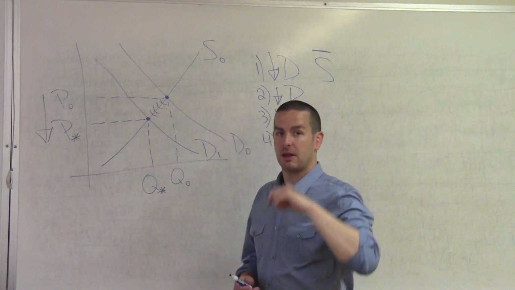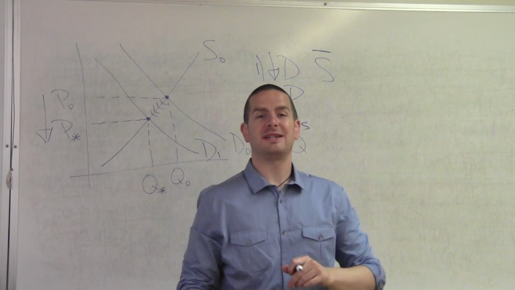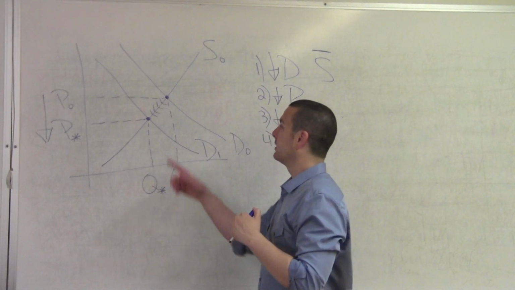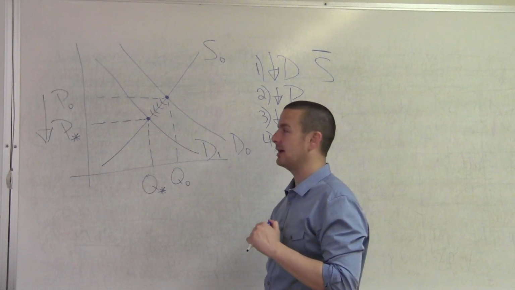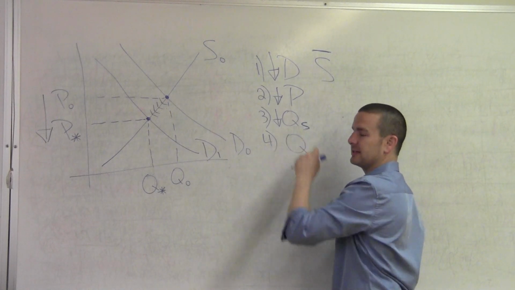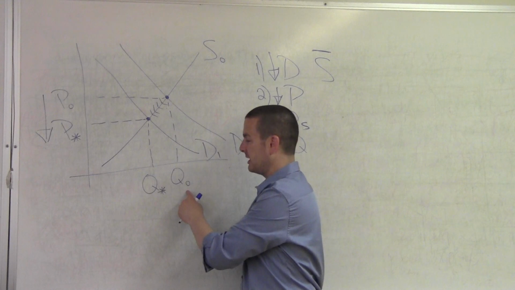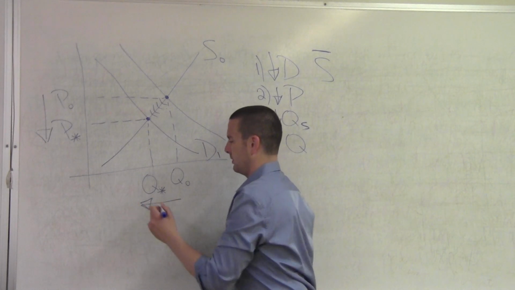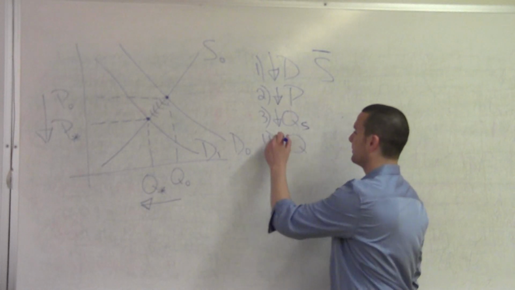Since the price decreased, quantity supplied goes down. That means we are going to slide down the supply curve. Okay? So, quantity supplied decreased. Finally, we had this quantity originally. Now we have this quantity. So, overall that has decreased as well.